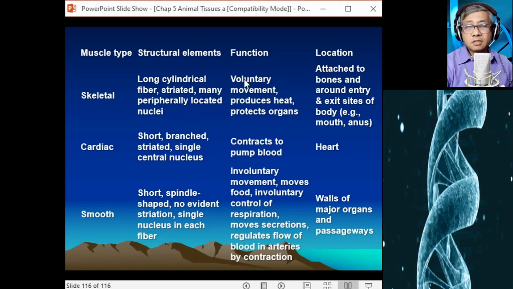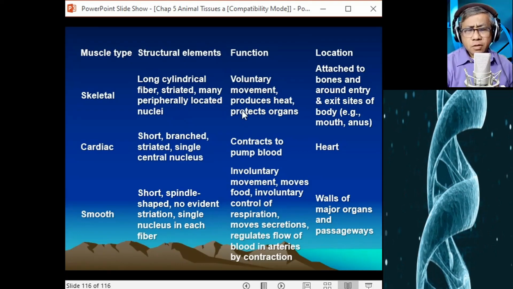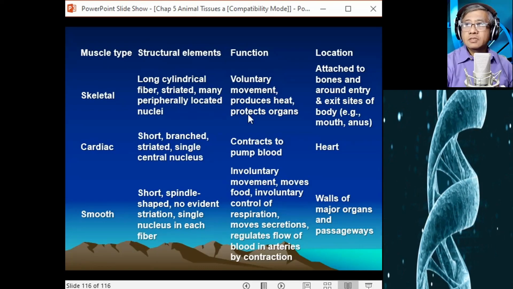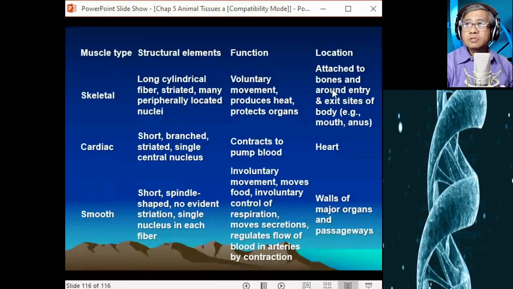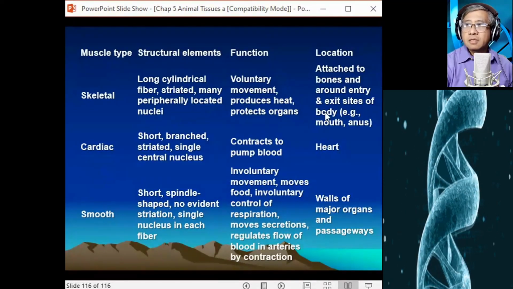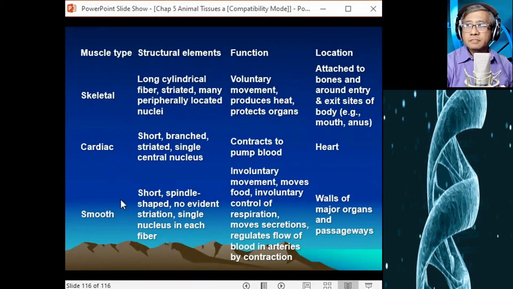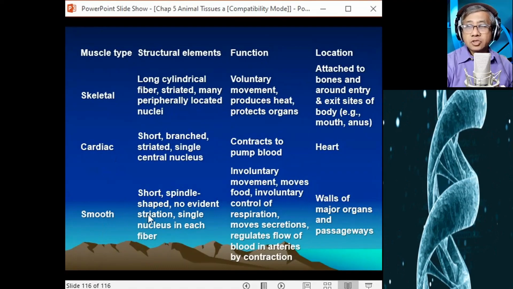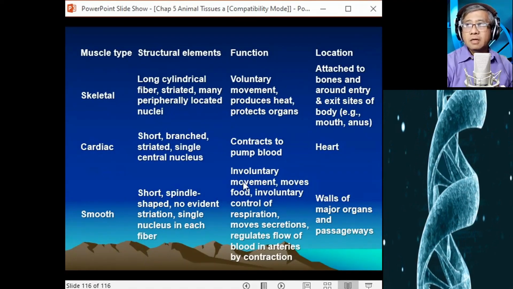So the muscle is under conscious control, responsible for the movement of the body framework and protects organs. Location, attached to the bones, around the entry and exit sites of the body, like the mouth and anus.